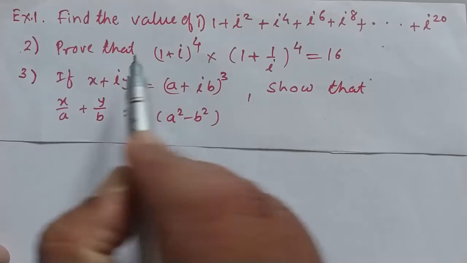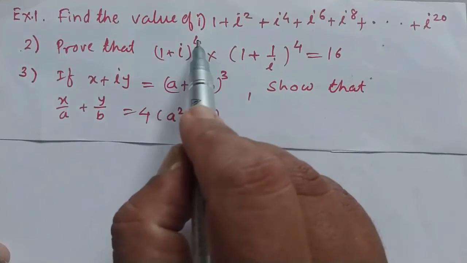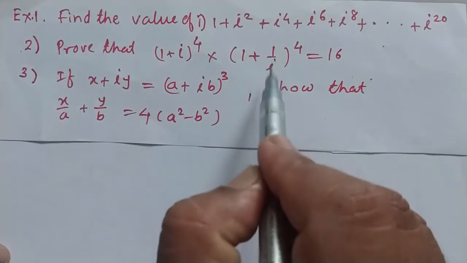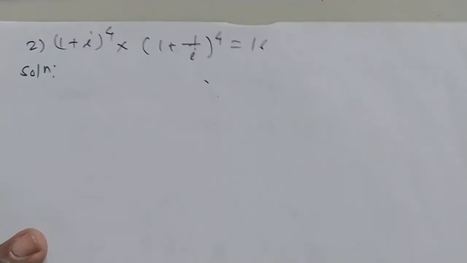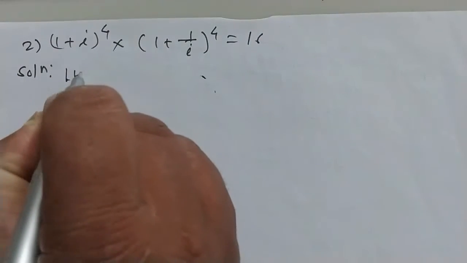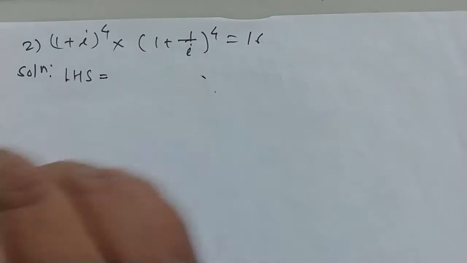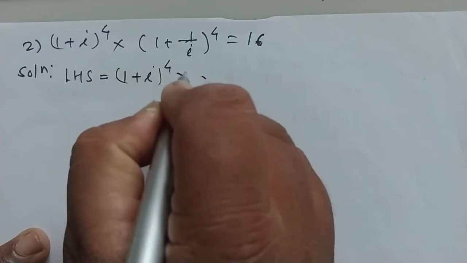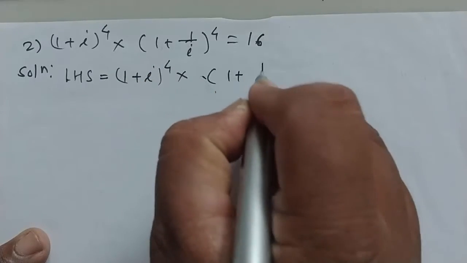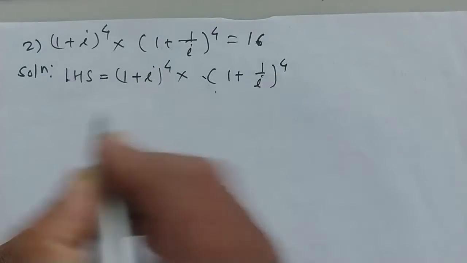Example number 2, prove that 1 plus i raised to 4 into 1 plus 1 upon i raised to 4 is equal to 16. Solution, we take LHS and we show it is equal to RHS, 16. LHS is 1 plus i raised to 4 into 1 plus 1 upon i raised to 4.